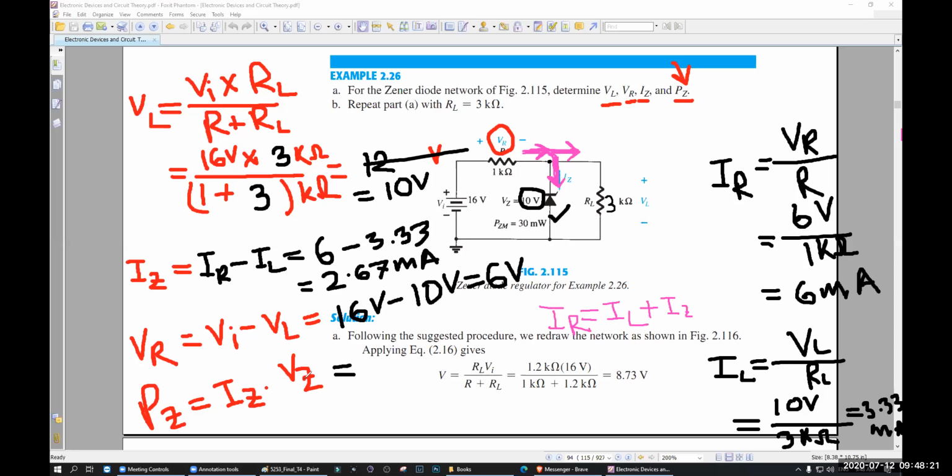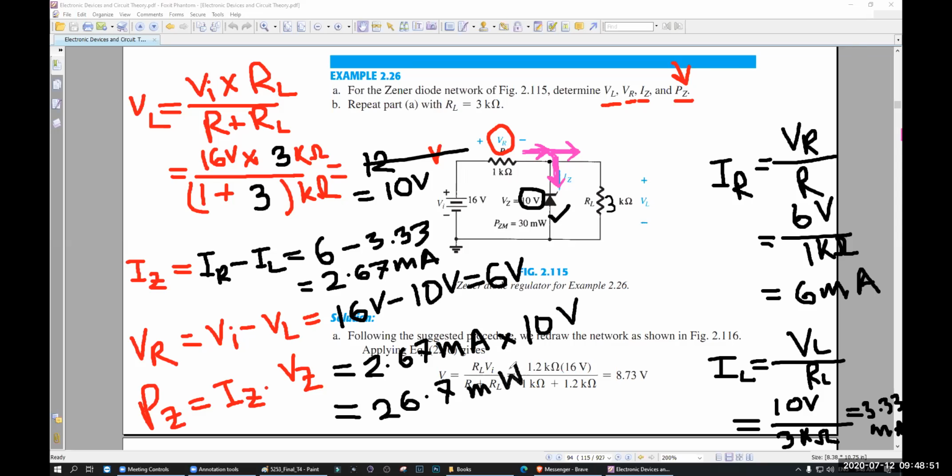What is your PZ? Your PZ is equal to IZ into VZ. IZ is equal to 2.67. VZ is equal to 10 volt. We already know it. What is the formula? What is the value? 26.7 milliwatt.